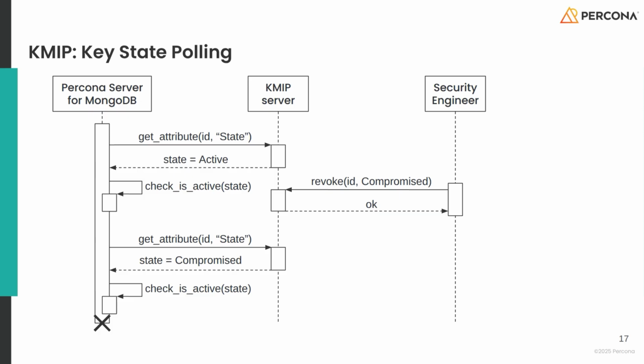Similarly, the operations team doesn't need to do something extraordinary to keep the databases in a secure state. It only needs to have ordinary monitoring, and as soon as monitoring notices that a node terminated, master key rotation can be run.